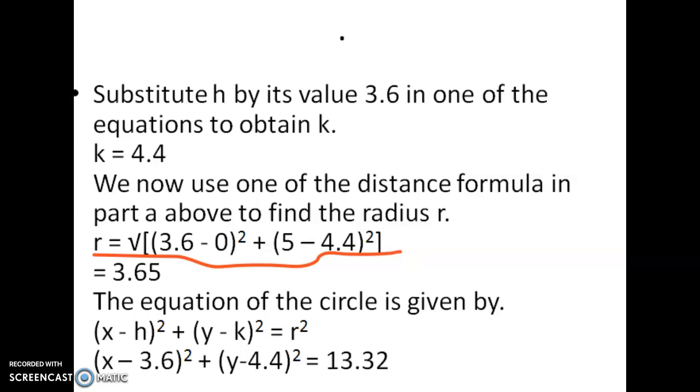Now we have r. Remember I said let's calculate h, k, and r. We have h, we have k, we have r. Just a reminder, we highlighted in the first slide that the equation of the circle is given by this one. So we simply replace and get our final answer.